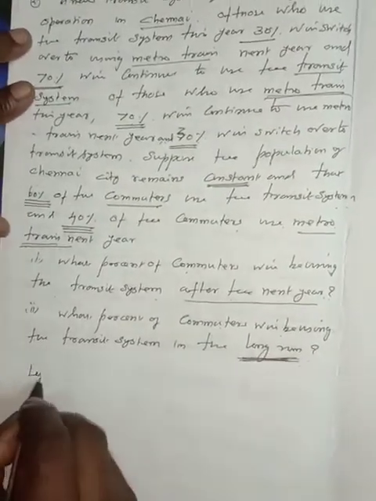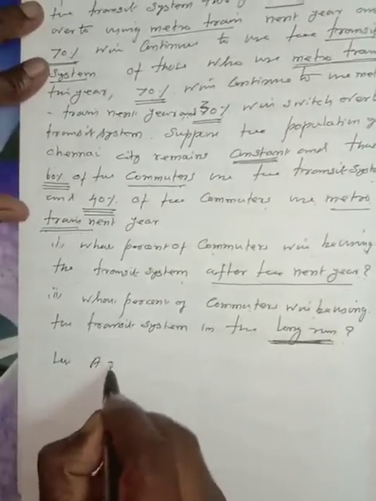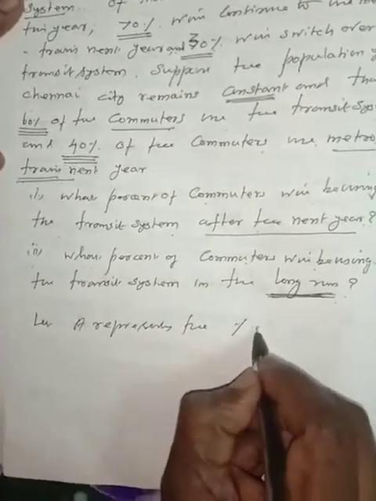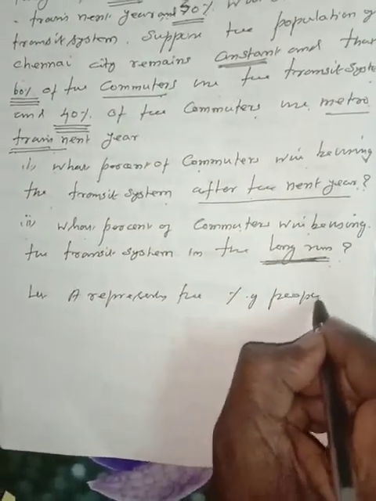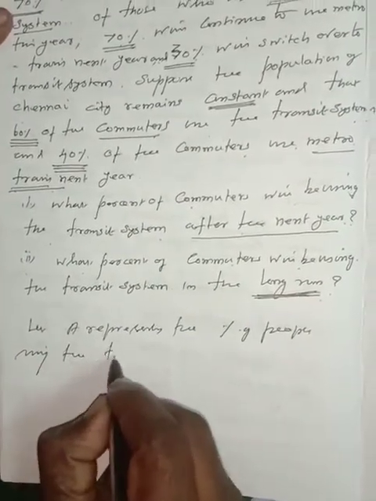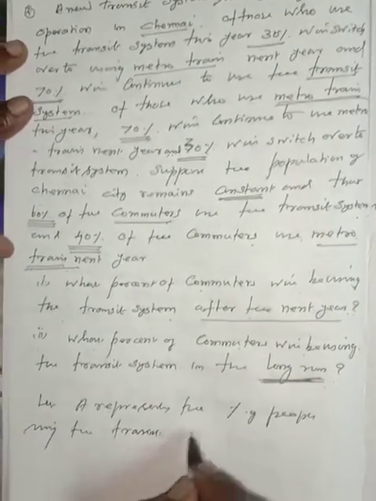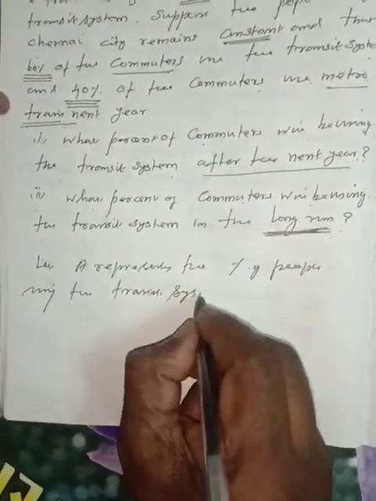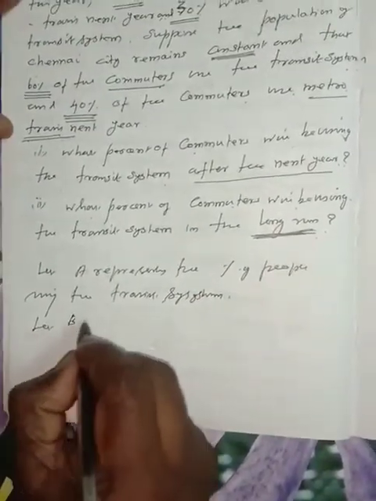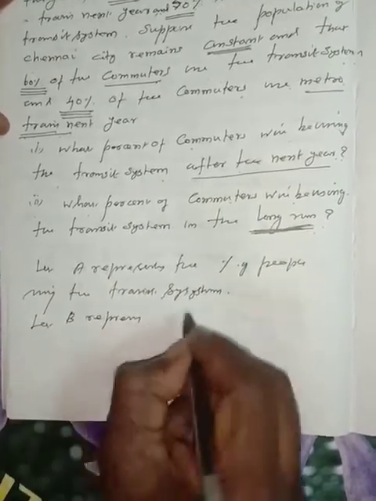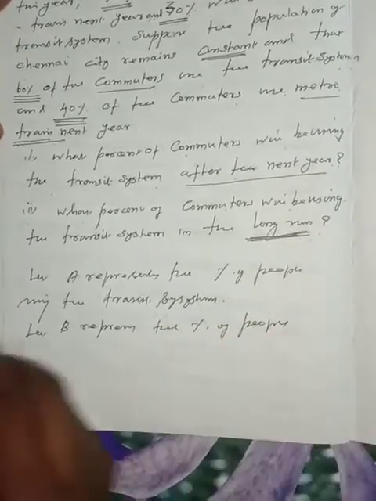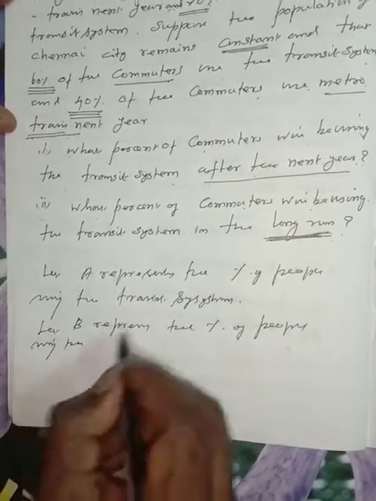Now let A represent the percentage of people using the transit system, and let B represent the percentage of people using the metro train system.